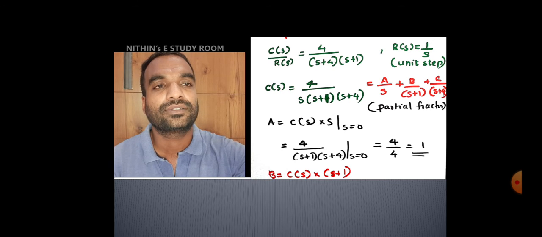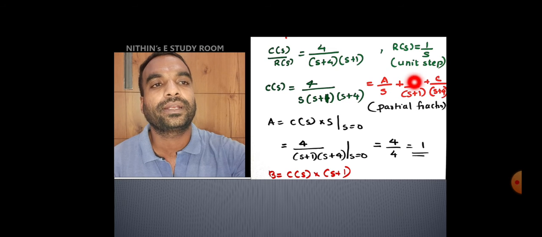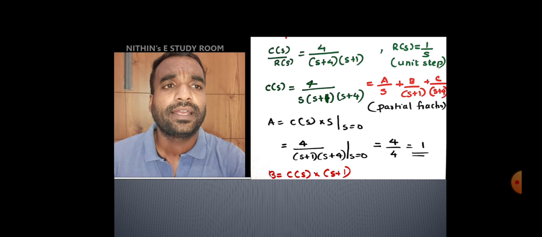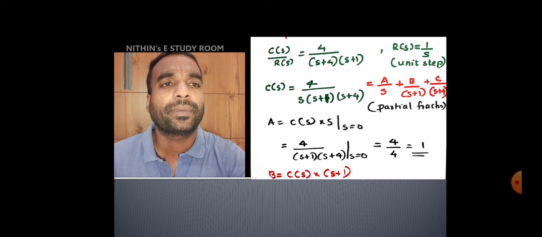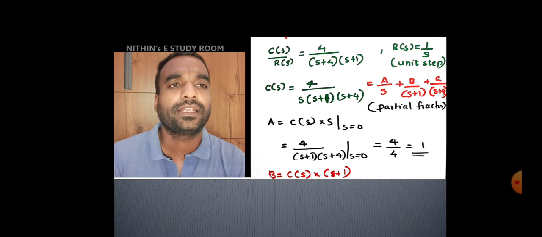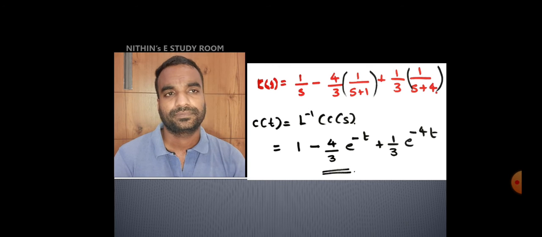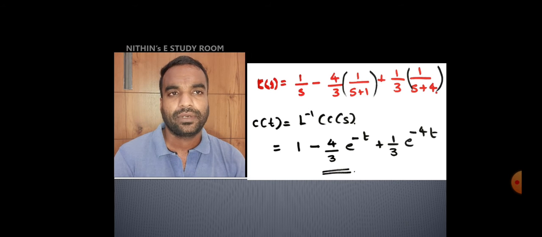A is equal to 1, so it will become 1 by s. B is equal to minus 4 by 3, so it will become minus 4 by 3 into 1 by s plus 1. And C is equal to 1 by 3, so it will become 1 by 3 by s plus 4, like this. Is it clear?